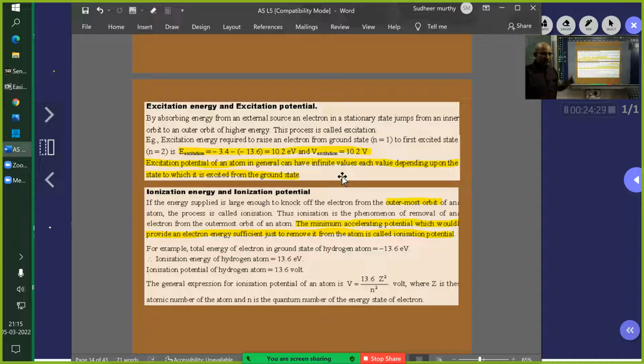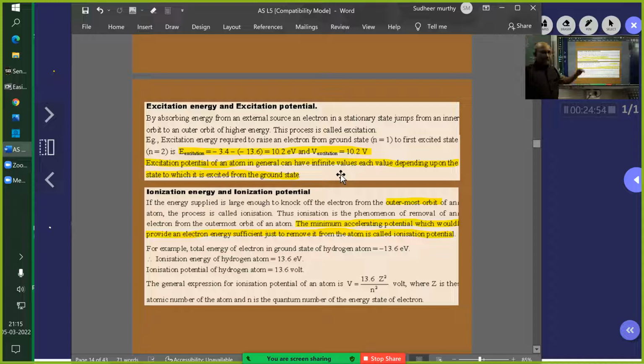See, now if the electron is in n equal to 1 state, and you want to push it to say n equal to 5, then you have to provide a certain amount of energy. If the electron is already in n equal to 2 state, and you want to push it to n equal to 5, then you have to provide the difference of that energy.